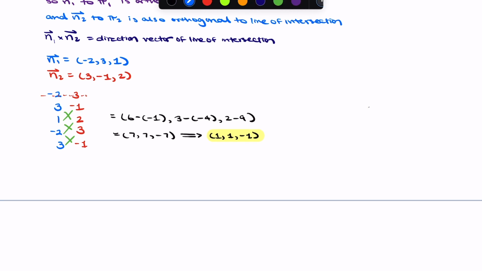So here, if we draw our planes, we have our first plane, something like this. Our second plane will look something like this here.